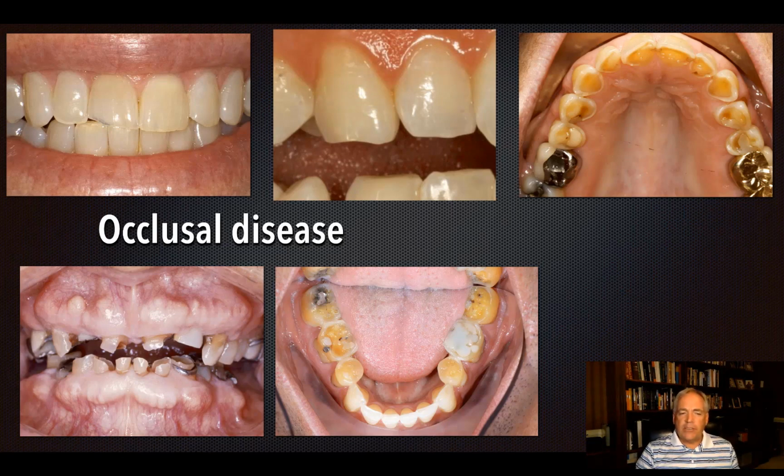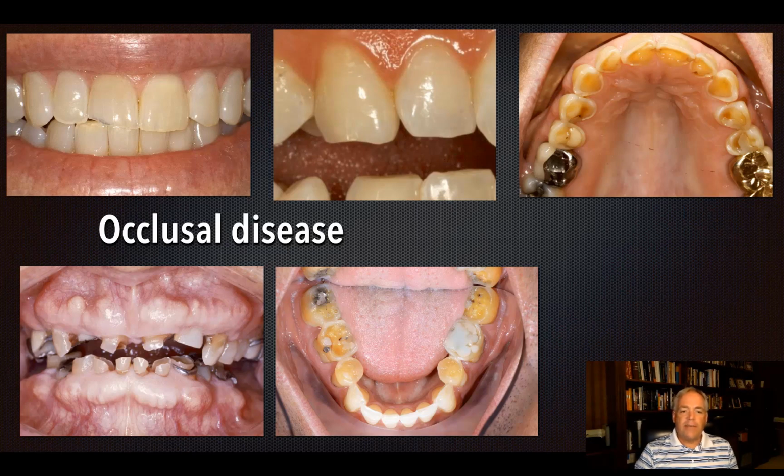And if you think about this logically, if we don't do something to change the occlusion or change the forces, if we just cover these teeth with crowns, they're just going to do to our teeth what they've done to their own teeth. And so what occlusion is about is being able to figure out how we can change the contours as we restore, or as we do orthodontics, or as we do orthodontic surgery, or as we do anything to the dentition, to be able to create a situation where the joints, muscles, and teeth will be in better harmony and muscle activity will be lower.